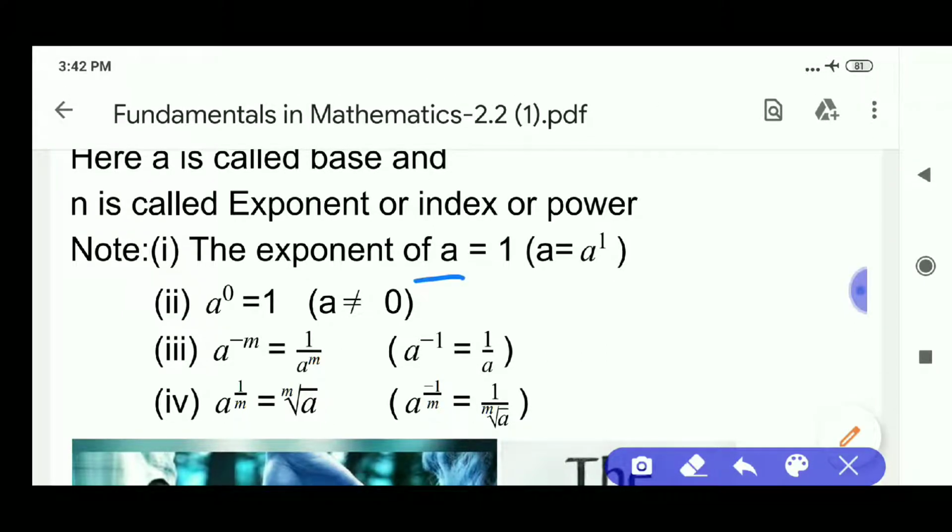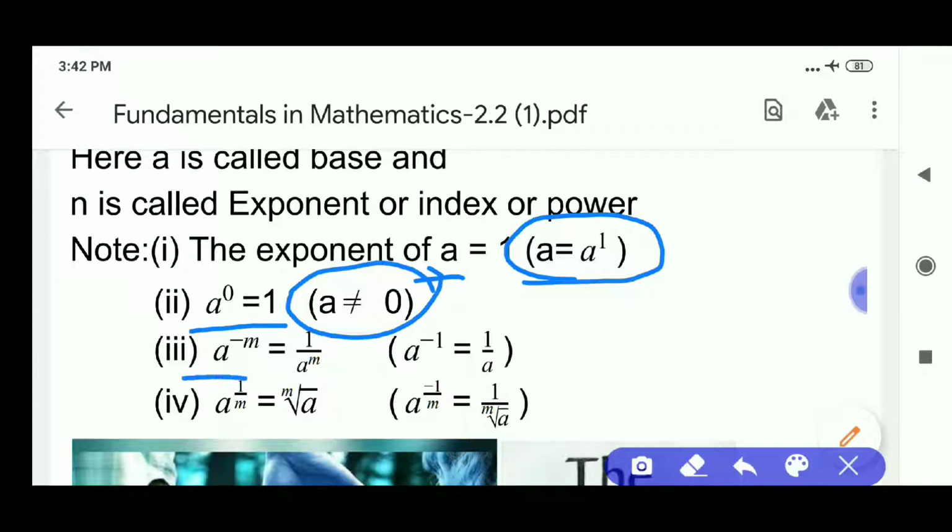Exponent of A is 1 because A is equal to A power 1. Note, A power 0 is 1. The condition is base A should not be 0. Anything power 0 is 1 when the base is not equal to 0.